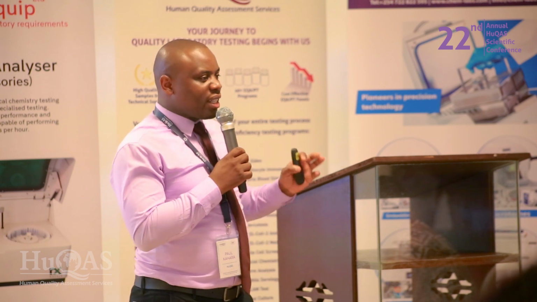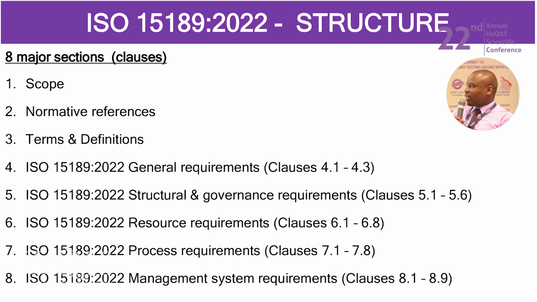You may call them paragraphs, you may call them articles, but there are 8 broad clauses in it. Of course, the first thing is about the scope, the normative references, the terms and definitions, and then now directly to the auditable clauses, or from clause 4, 5, 6, 7, all the way to clause 8, that talks about management system requirements.